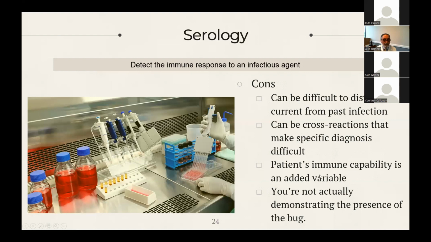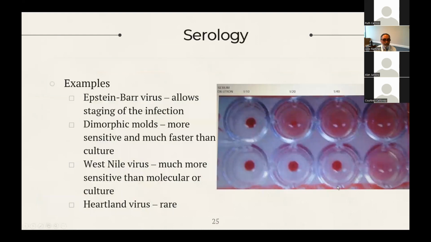Some people just are not capable of responding to certain antigens as well. And for me as a microbiologist, I would add that you're not actually showing that the bug is there. You're not actually demonstrating that this is the cause of the infection. You're looking for the response and making some assumptions from that.